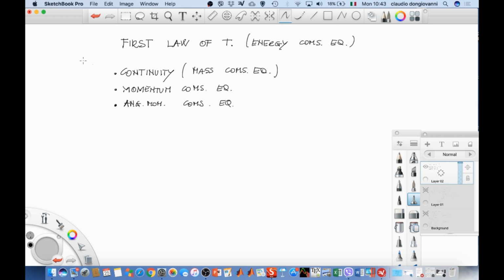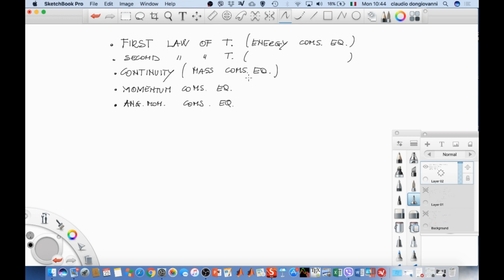There is another one in the middle, that is the second law. Is it a law of conservation? No. What does this law say? It explains how the energy is able to go in some directions and not in other directions.